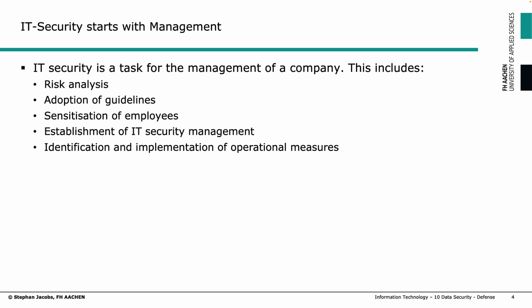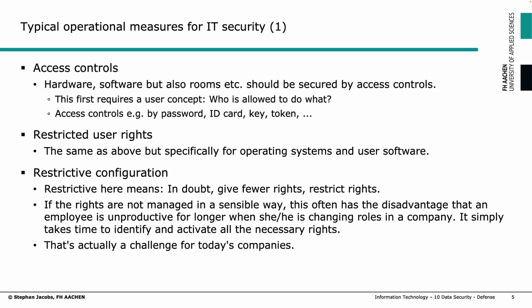And once this is done, operational measures like using virus software, taking regular backups and so on have to be identified and implemented. However, it all starts with management. Unless there is a systematic approach driven by management, the rest will always be some nitty-gritty details, but not a systematic approach. Let's have a look at some operational measures which are quite well known.